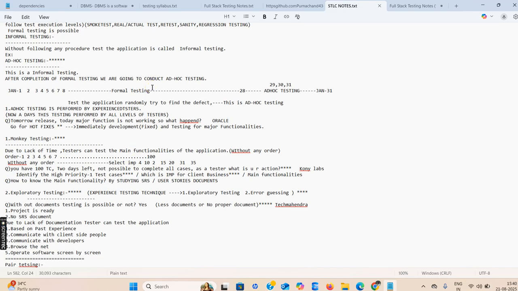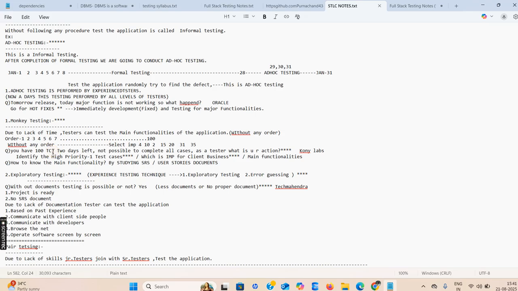It follows no order. What does with order mean? Numbers like 1, 2, 3, 4, 5, 6, 7 are in order, continuously one by one. Without order means we can choose any, like 10, 15, 25, 99. That is called informal, without order. Now, a major important question: if you have 100 test cases and only 2 days left, and it is not possible to test all of them, what is your action as a tester?